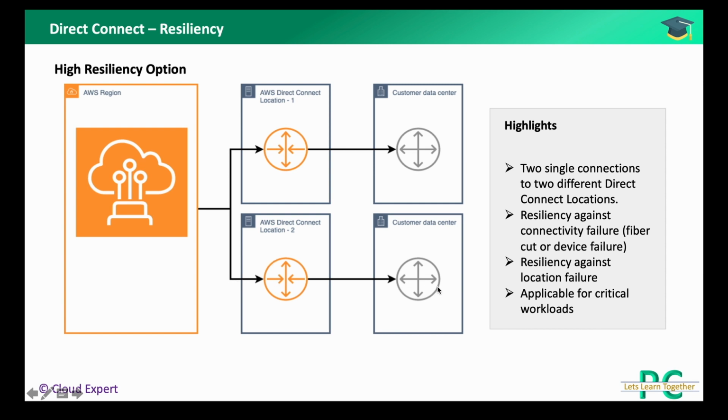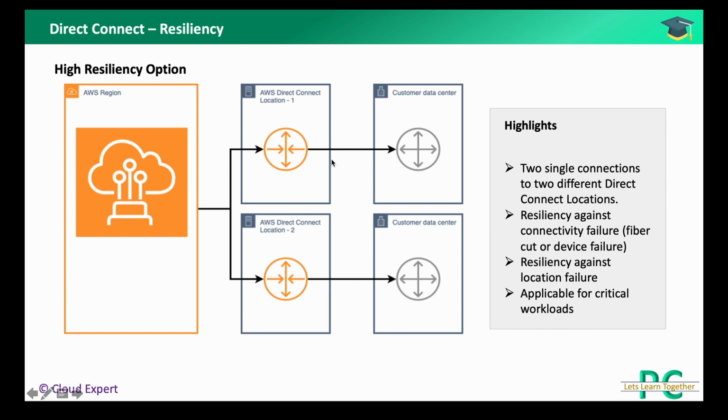the traffic. But one point to be remembered here: let's say you have created these two Direct Connect locations for a huge amount of data flow. Let's say on a daily basis you are sending data in terms of terabytes, or you need a highly consistent network in a different region.